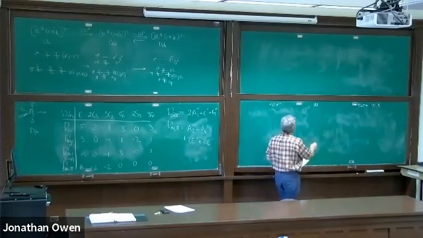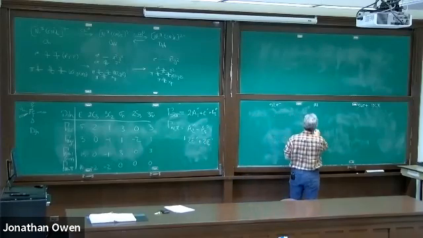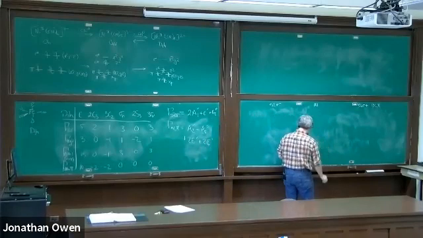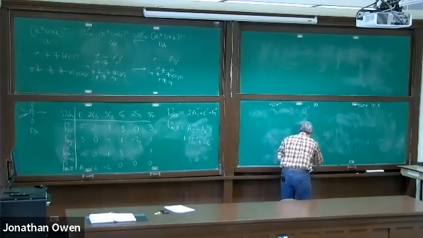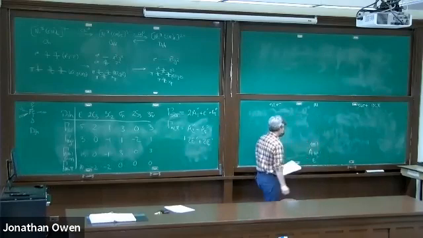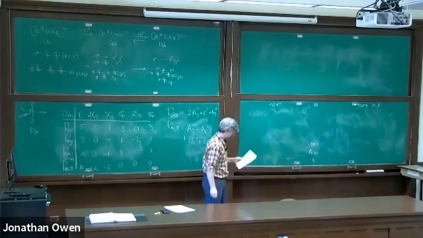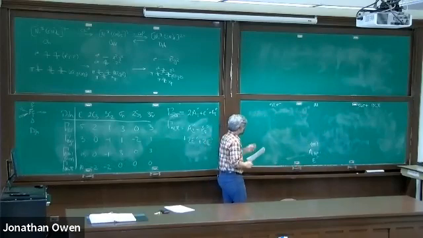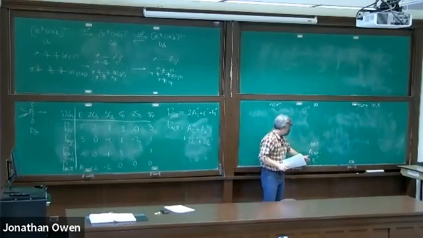So we have our five d-orbitals here. We've got an A1, we've got an E prime, and we've got an E double prime. Which are these?